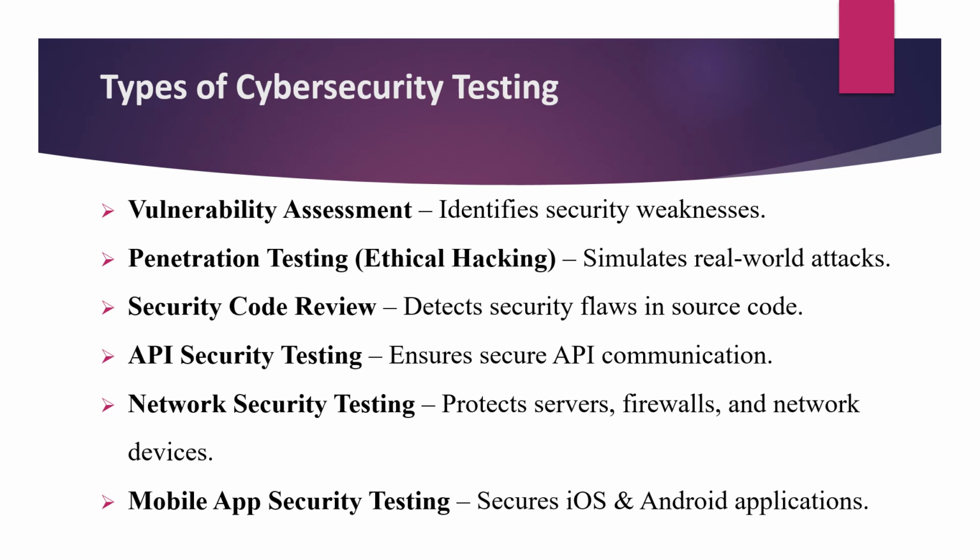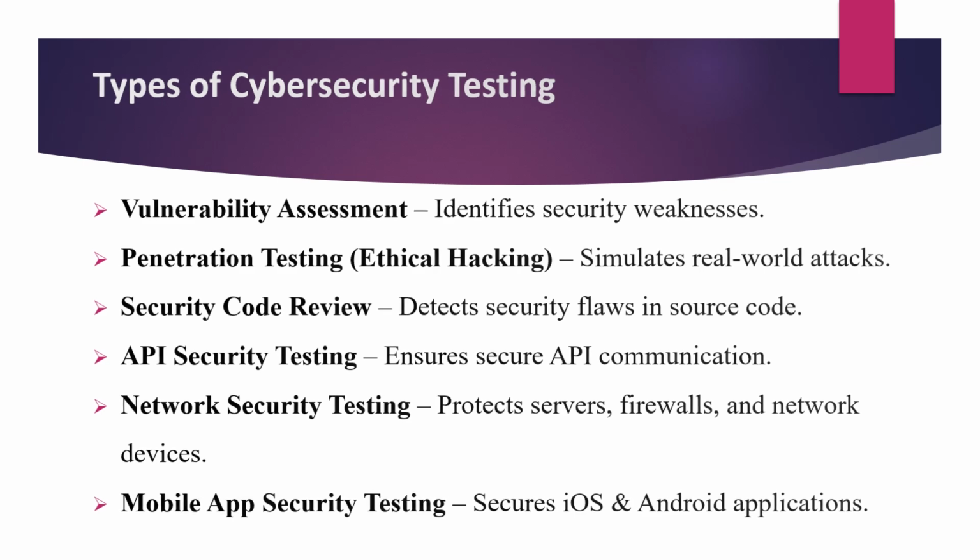API security testing, testing APIs for authentication flaws, data leaks, and access control issues. 5. Network security testing, assessing the security of firewalls, servers, and network devices. 6. Mobile application security testing, identifying security risks in iOS and Android apps. These security tests play a crucial role in strengthening the overall defense of an application or system.